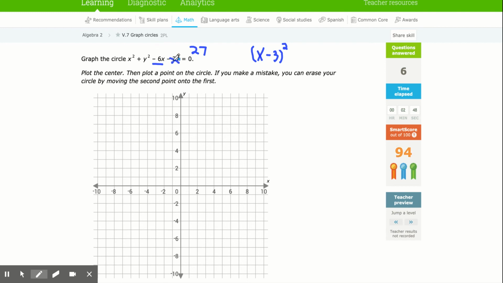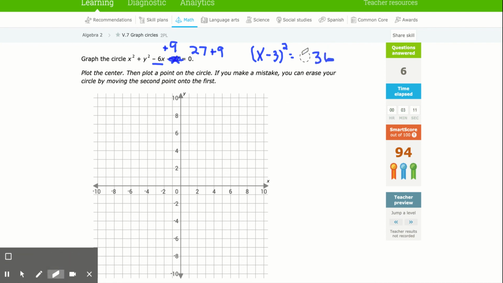When I took half of -6, which is -3, and squared it, I actually have to add a 9 on this side, and I have to add a 9 on this side. And so 27 plus 9 is 36. So I get a 36 on the right side.